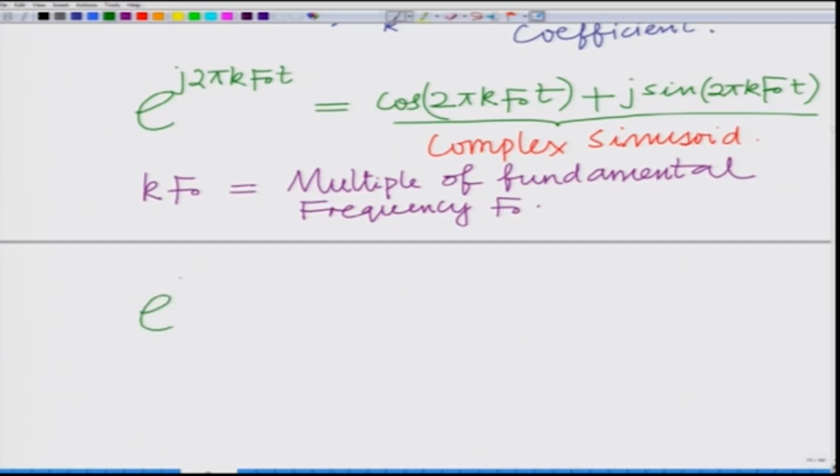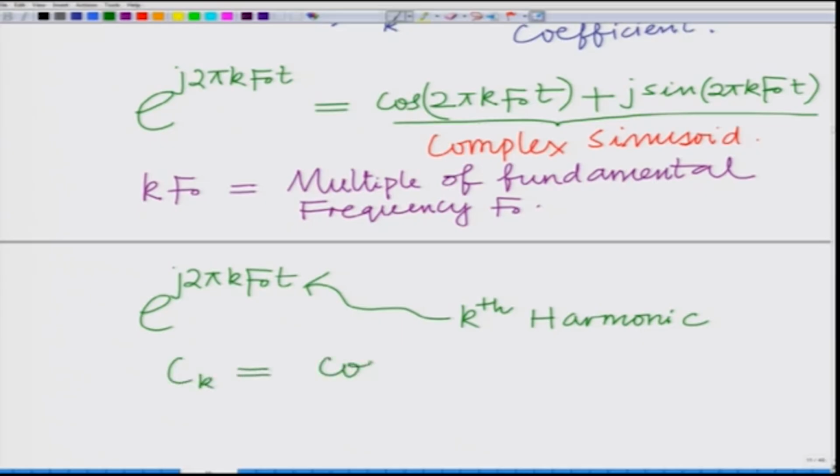This sinusoid at an integer multiple of f naught is termed as the kth harmonic, and Ck is basically the coefficient of the kth harmonic in the linear combination.